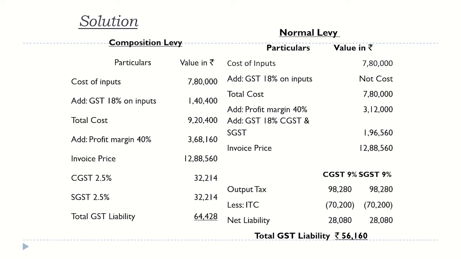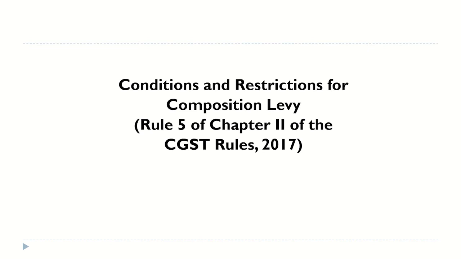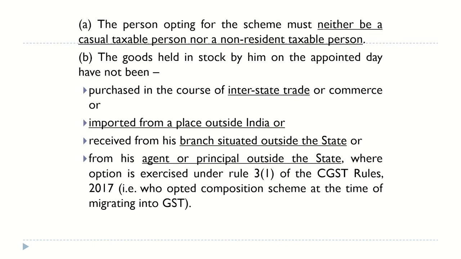Now, after having understood this, let's understand the conditions and restrictions for going under the composition levy. Rule 5 of Chapter 2 of the CGST Rules of 2017 prescribes certain conditions and restrictions for opting for this composition scheme. The first restriction says the person opting for the scheme must be neither a casual taxable person nor a non-resident taxable person.